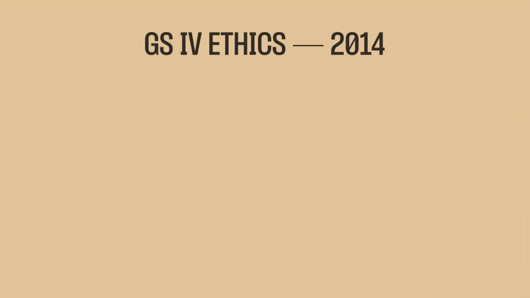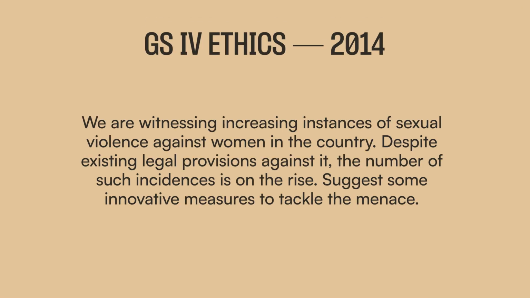For example, there's one more question in the year 2014, about sexual violence in the country: We are witnessing increasing instances of sexual violence against women in the country. Despite existing legal provisions against it, the number of such incidences is on the rise. Suggest some innovative measures to tackle the menace.